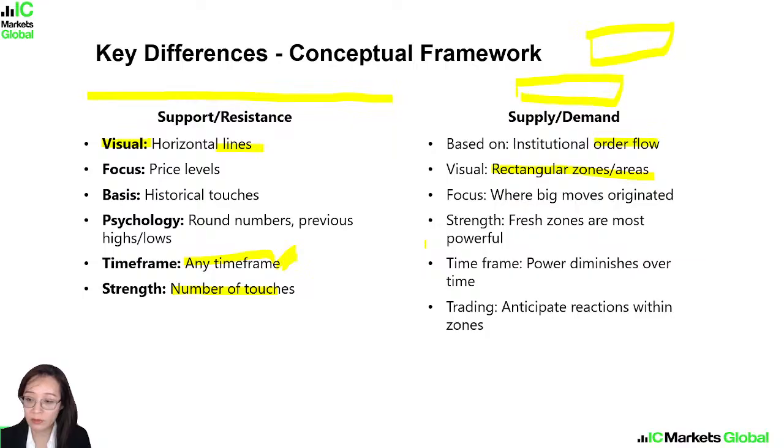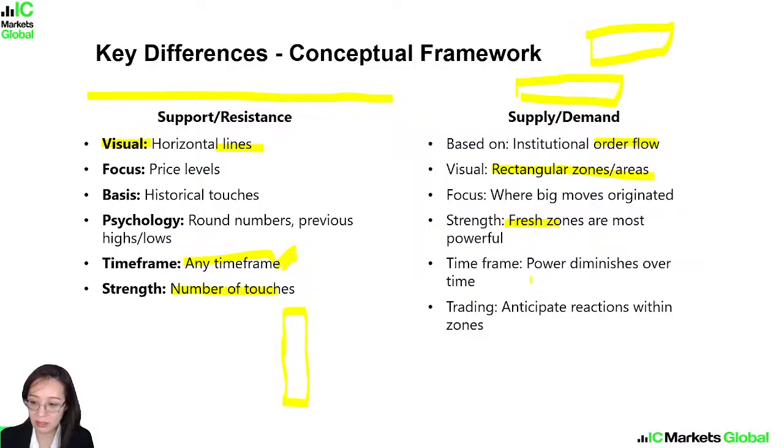We focus on where the big move originated, so basically you need to look for the big and large candle. The strength is that fresh zones are most powerful. If you trade a fresh zone the first time price comes, and then you trade it a second time, it is likely to break.